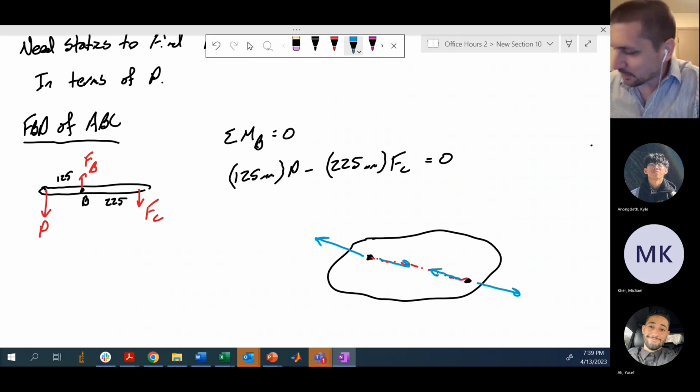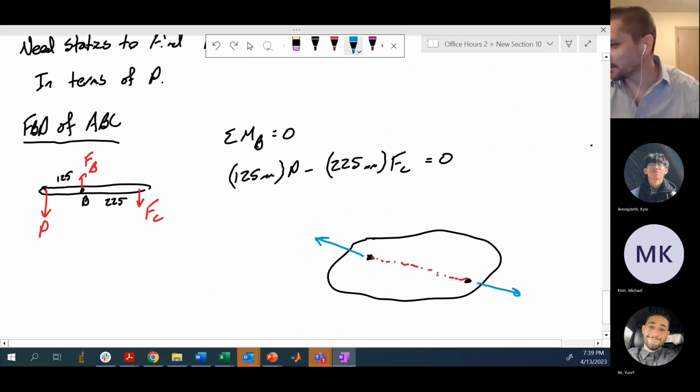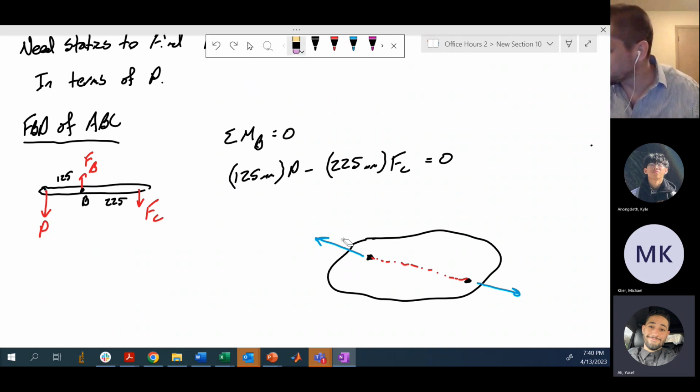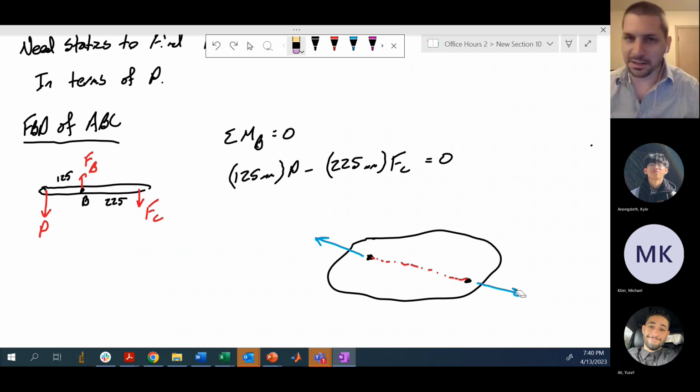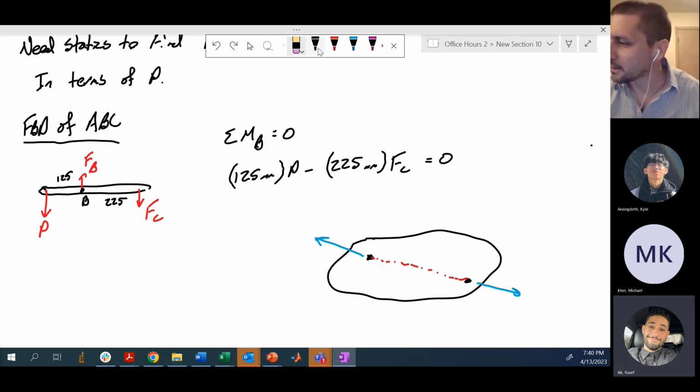That's the only possibility to maintain moment equilibrium and maintain the sum of the forces in X and Y equal to 0. If you had any other arrangement of the forces, then there would not be any equilibrium. Hopefully that's clear. So the forces acting upon the object have to be within the same line of action. It's the line between the two points where the forces are applied. That is the line of action.